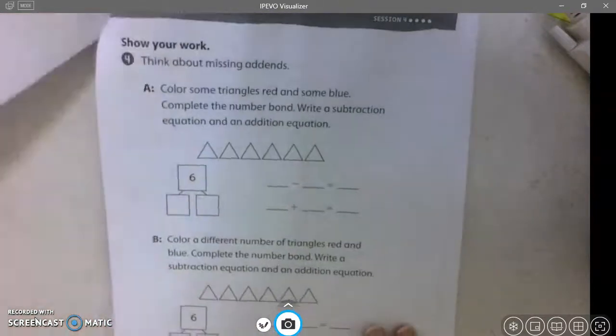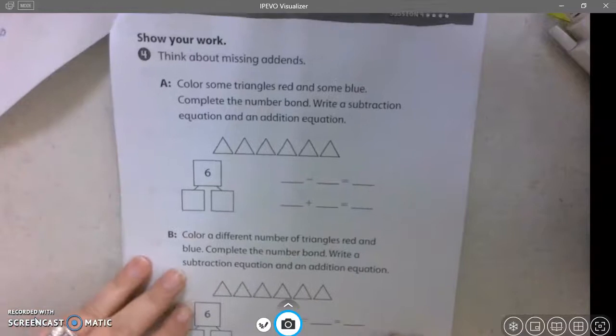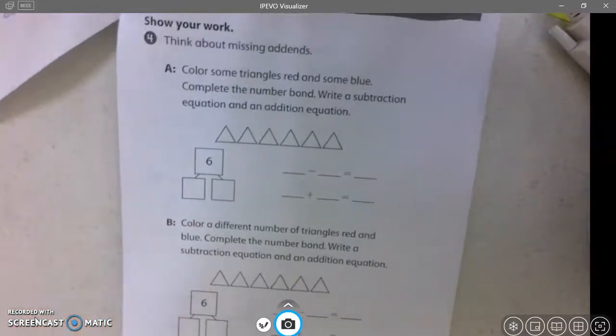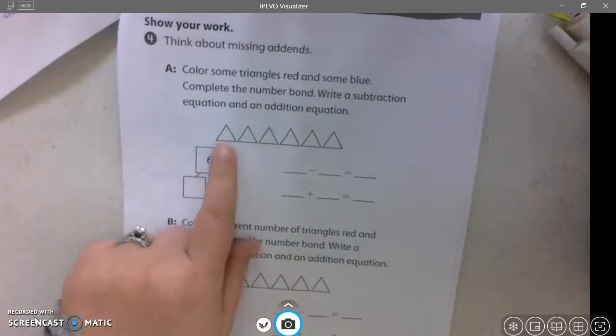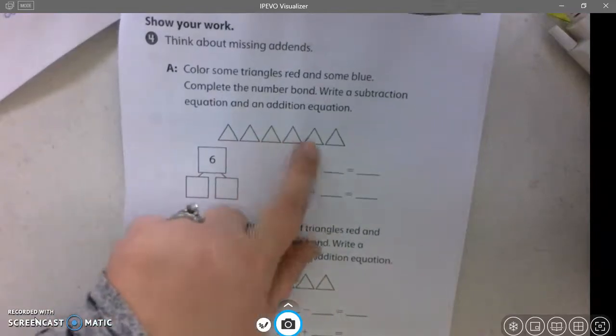Alright, let's turn the page. Think about missing add-ins. Color some triangles red and some blue. Complete the number bond. Write a subtraction equation and an addition equation. So they filled in this 6 right here because 1, 2, 3, 4, 5, 6.